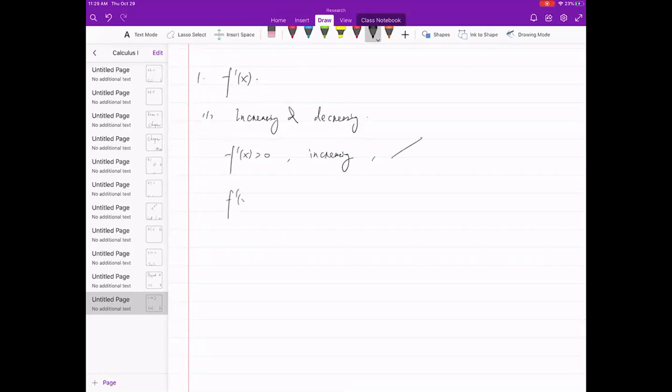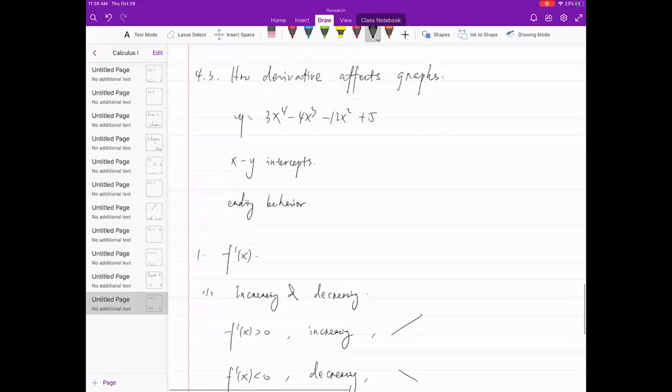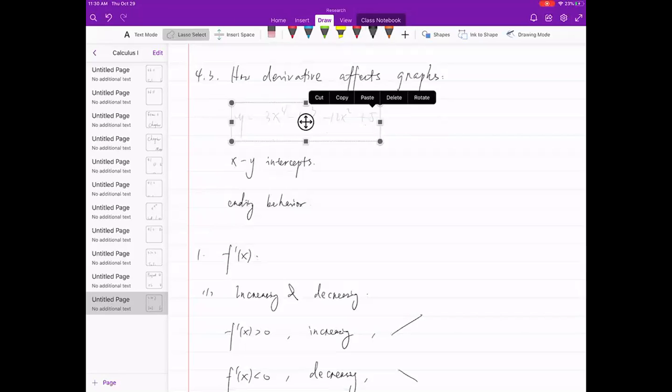F prime x less than 0, decreasing. Like that. With that in mind, let's draw this. We said this is hard before. Now we can do more.